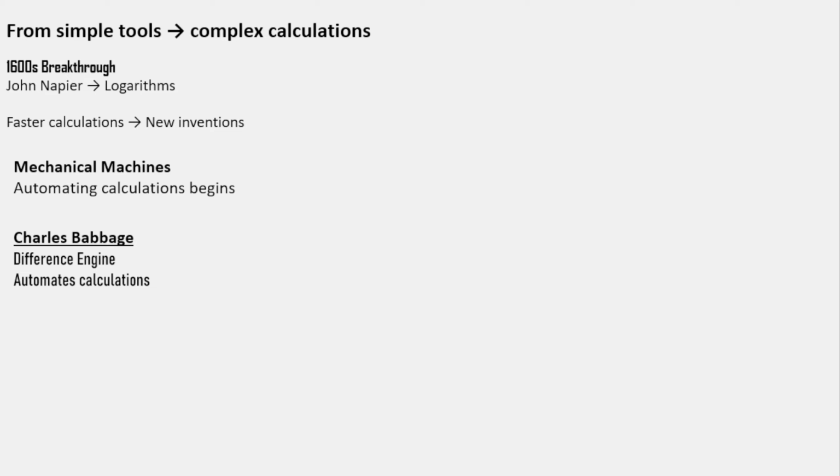Babbage was a mathematician from Britain, known for being brilliant, right? He couldn't stand inaccurate mathematical tables. Scientists, engineers, navigators, they all depend on them, yet errors kept appearing everywhere.